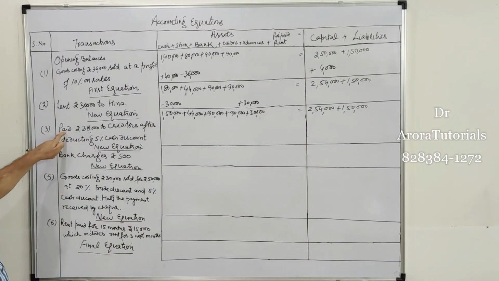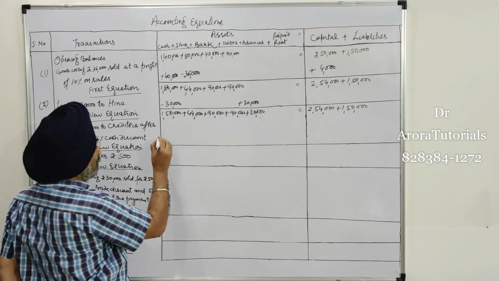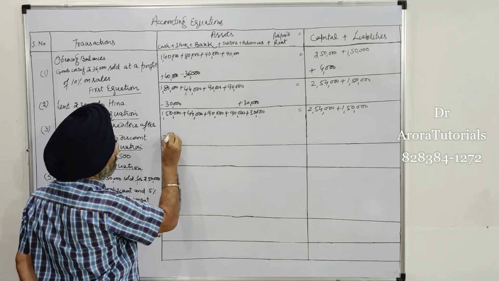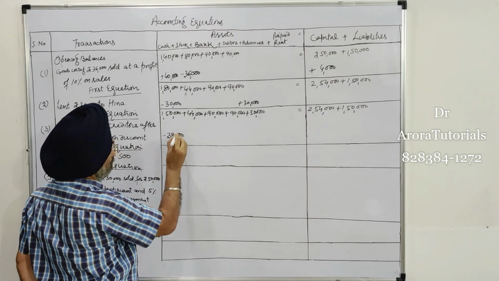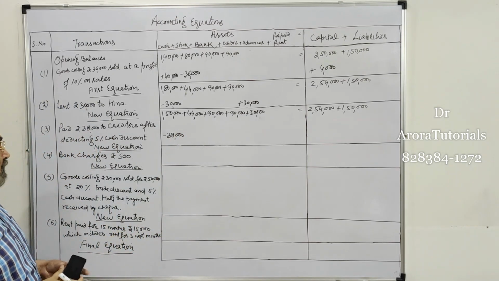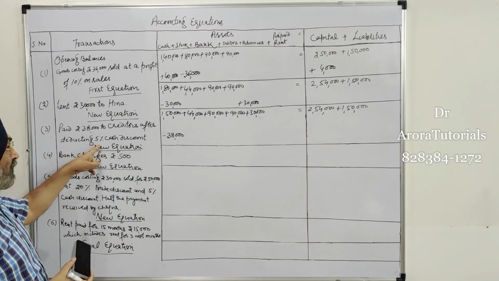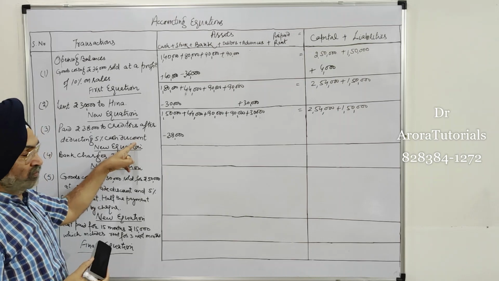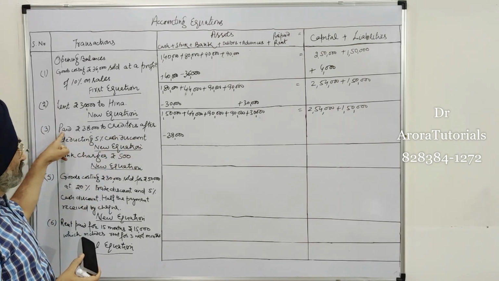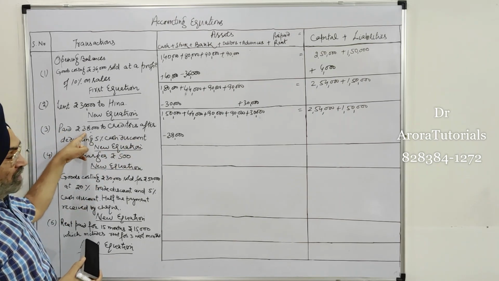Now the third item: paid rupees 38,000 to creditors. Paid 38,000 rupees, cash has decreased, after deducting 5% cash discount. This figure is after discount.